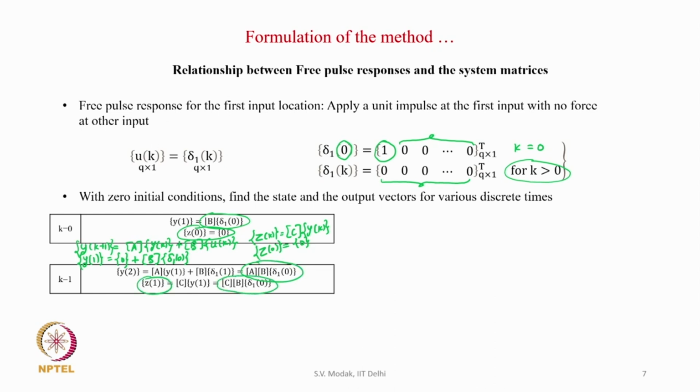In this way we can proceed further, and then we can write a general expression for the state and the output, and those expressions are these. So, yk can be shown to be equal to A to the power k minus 1 into B into delta 1 0, and zk can be shown to be equal to C into A to the power k minus 1 into B into delta 1 0, right.